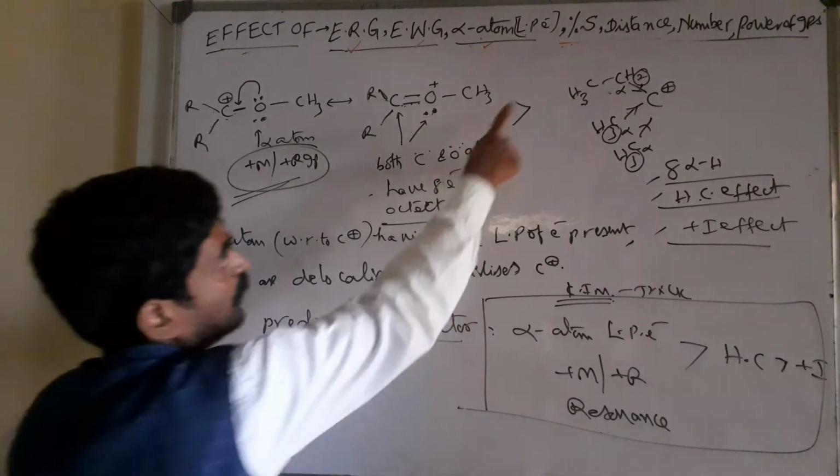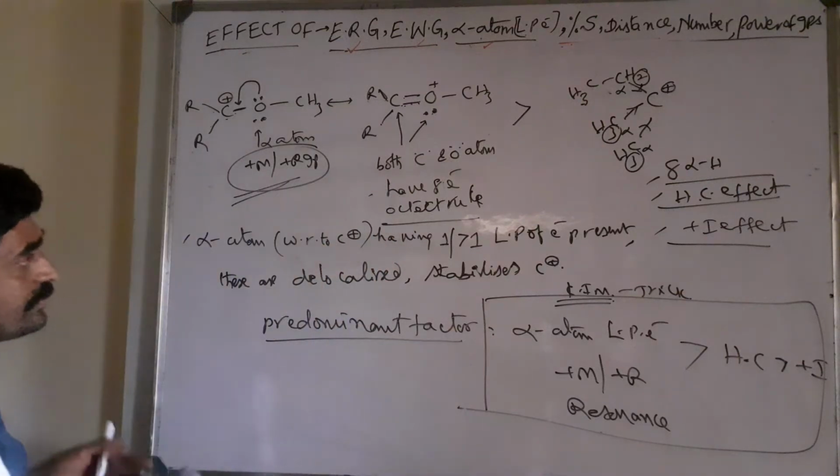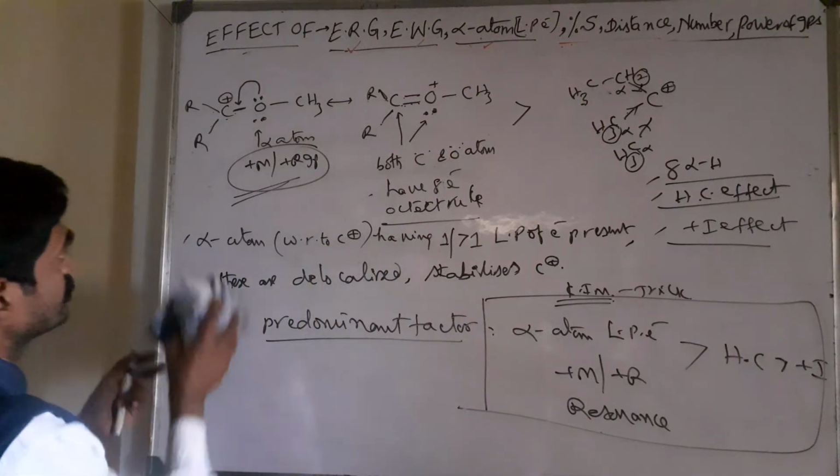The next factor is the percentage of s orbital character.